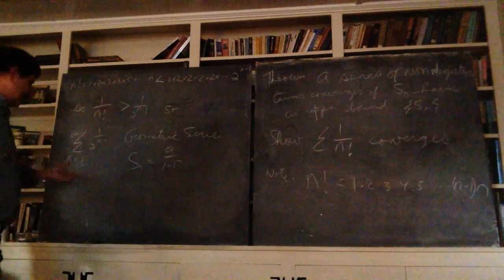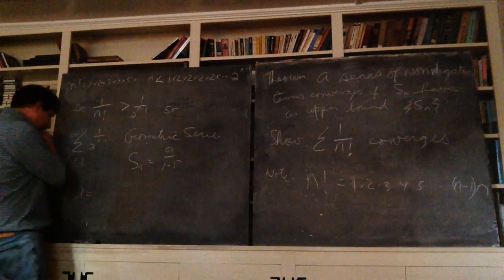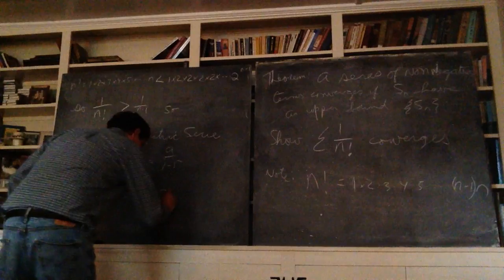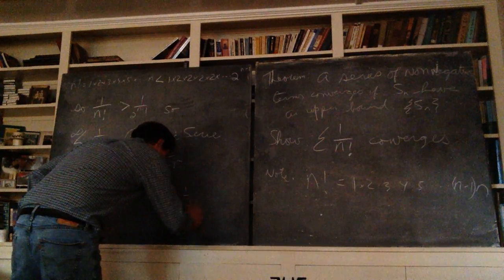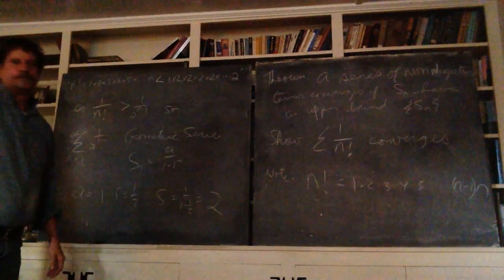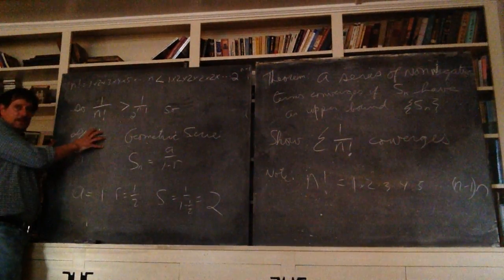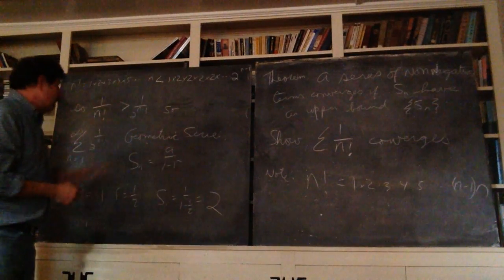And what's a? Well, a is the first term. A is 1, and r is a half. So the sum is 1 over 1 minus a half, or 2. So this is going to converge.